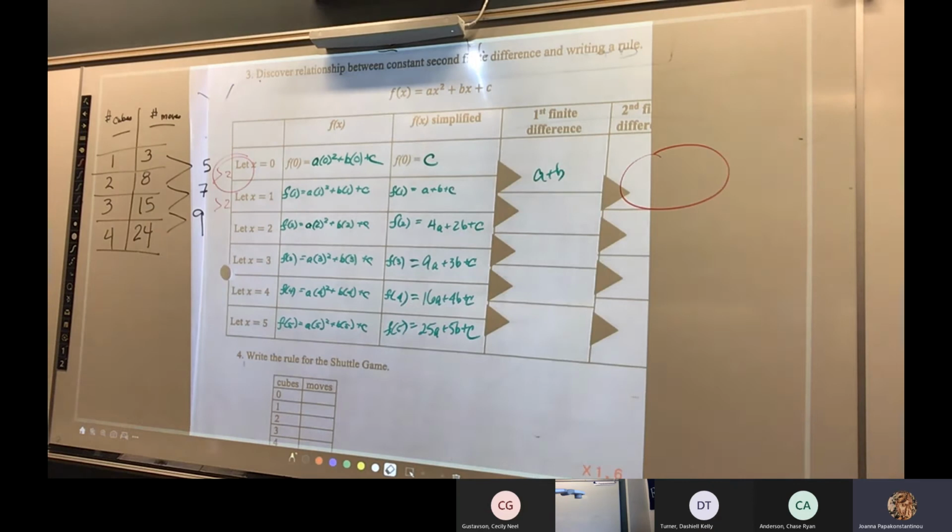Once you think you've substituted in correctly for each of those values of x, I've written that on the board. I have not found any finite differences left. You're going to tell me those.